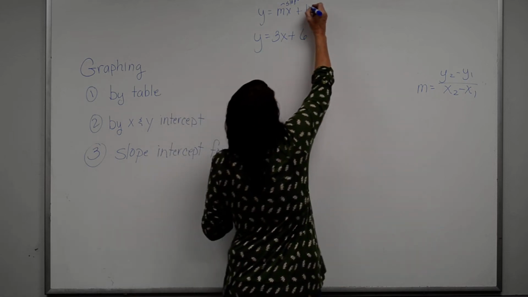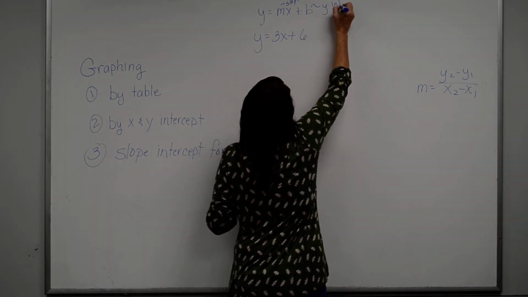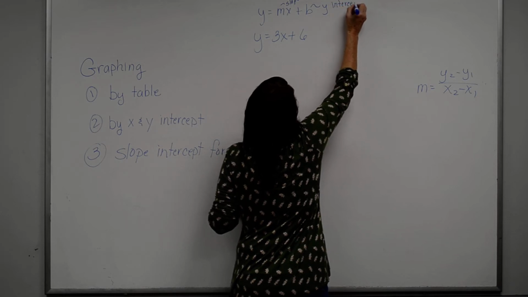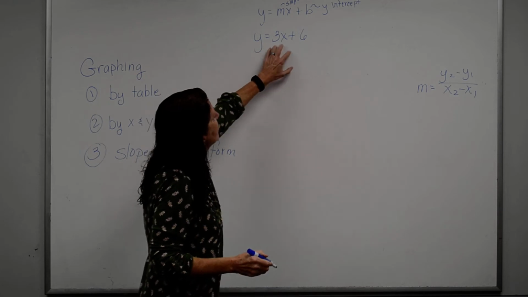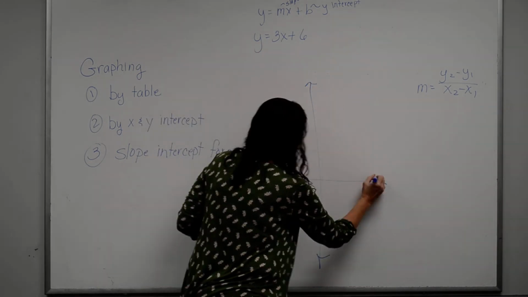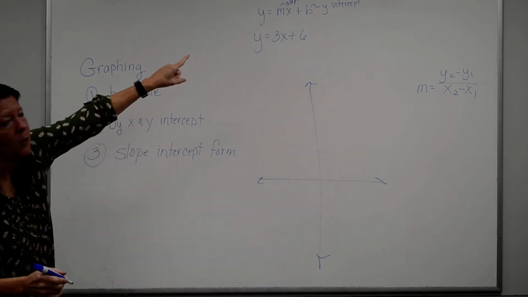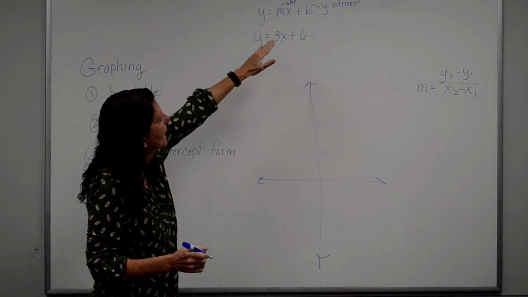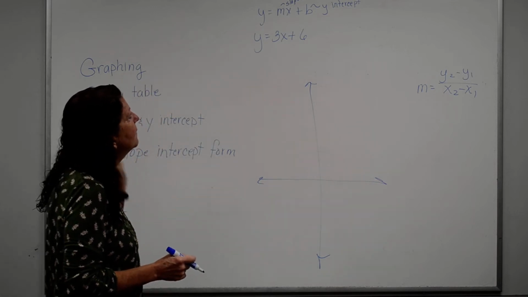This part right here, we're going to add, and this is your y-intercept, where it crosses the y-axis. So if they gave me this equation, and I wanted to graph that, and it's already in what I call the slope-intercept form, which is y equals mx plus b. Now that is very important. You have to have it in that form.